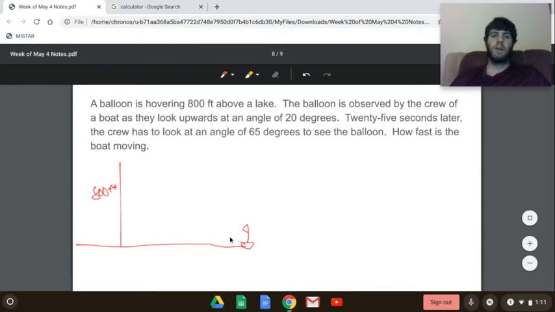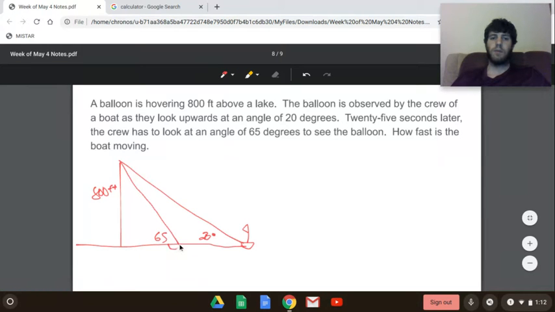They're looking up at an angle of elevation of 20 degrees. Okay, so 20 degrees. 25 seconds later, they will have moved closer. So they now are at an angle of 65 degrees.